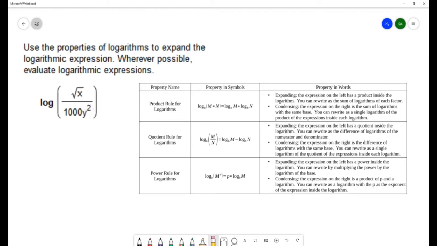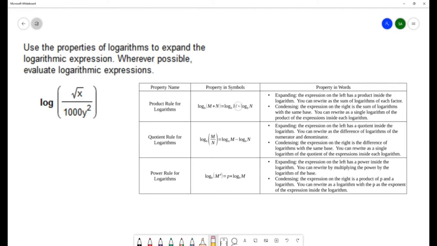And the properties that we're going to use for expanding this expression are the product rule, the quotient rule, and the power rule for logarithms. So specifically, the product rule and the quotient rule are the ones that we consider to be expanding.